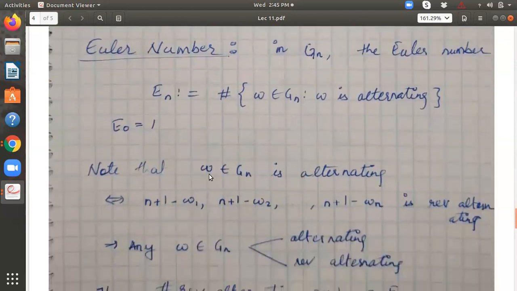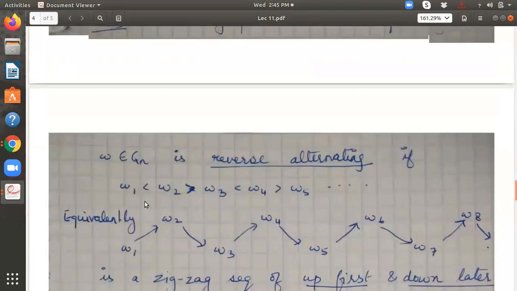Also, any W in Gn is alternating if and only if its reversal is obtained by considering n plus 1 and subtracting every element W1, W2 up to Wn from this number n plus 1.